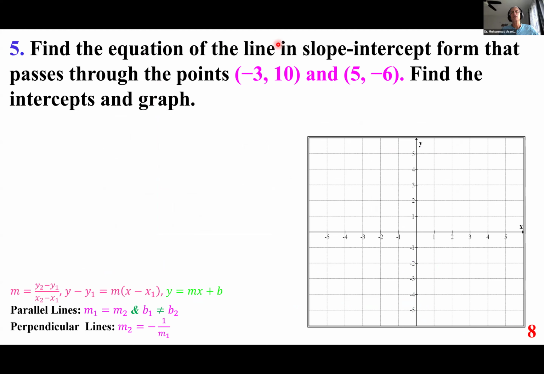Find the equation of a line in slope-intercept form that passes through the points -3, 10 and 5, -6. Find the intercepts and graph. Before we start, as far as the graphing, you can even use these 2 points. But intercepts will give you a more precise location and therefore a more precise graph, everybody.